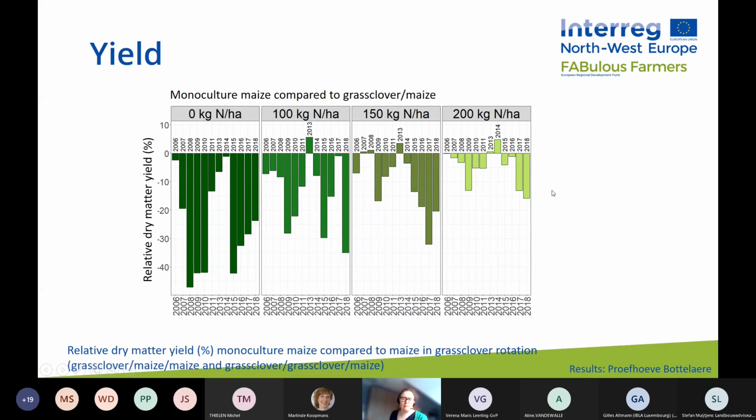So this use of rotation, and certainly rotation with grass clover, can give good results for yields. And certainly when you are not allowed to use nitrogen or only limited.